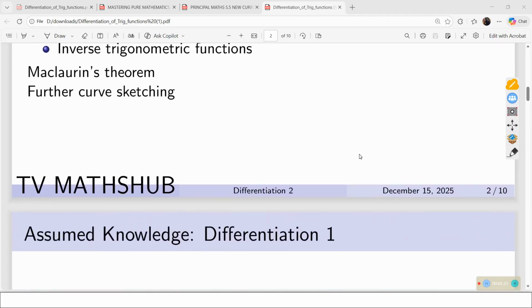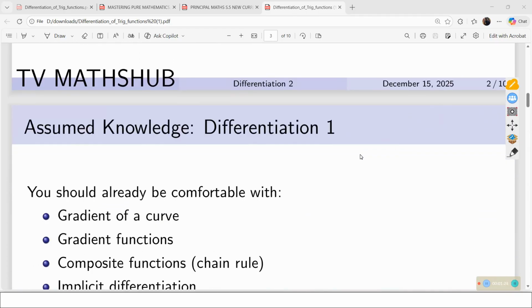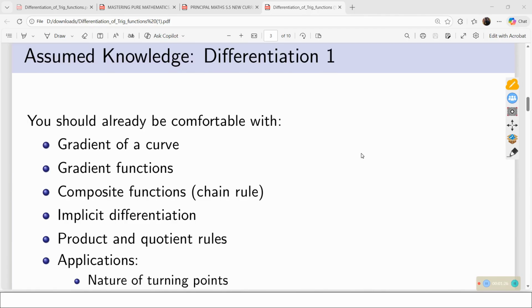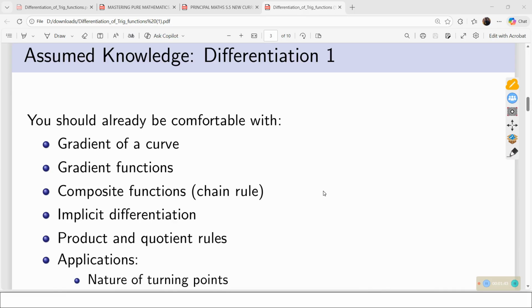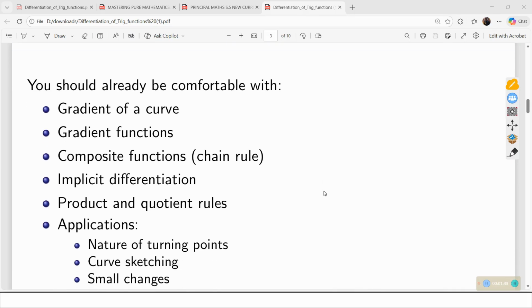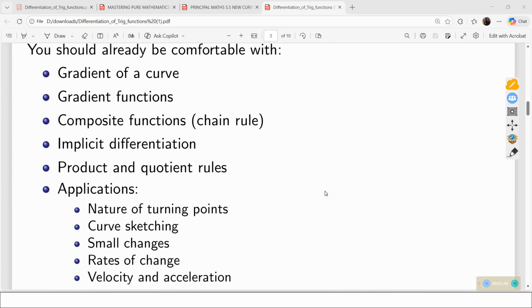So I expect you to be having knowledge about differentiation 1. So you should basically be comfortable with the gradient of a curve, gradient functions, should be comfortable with composite functions, that is using chain rule. You should be comfortable with implicit differentiation. You should be comfortable with product and quotient rules.